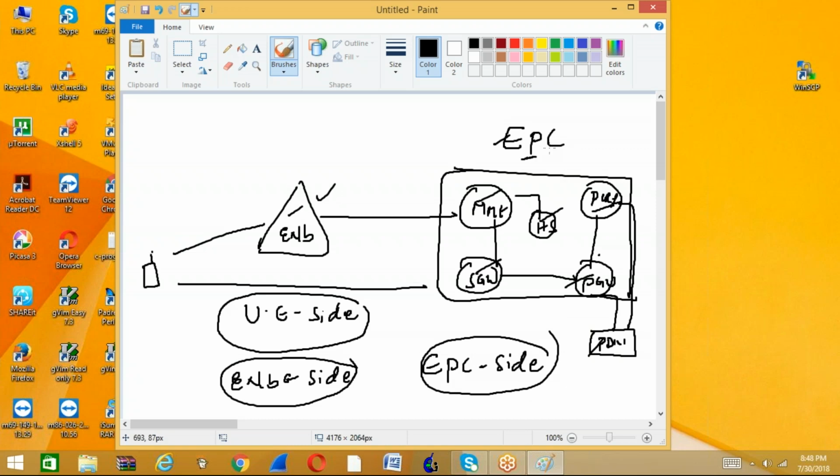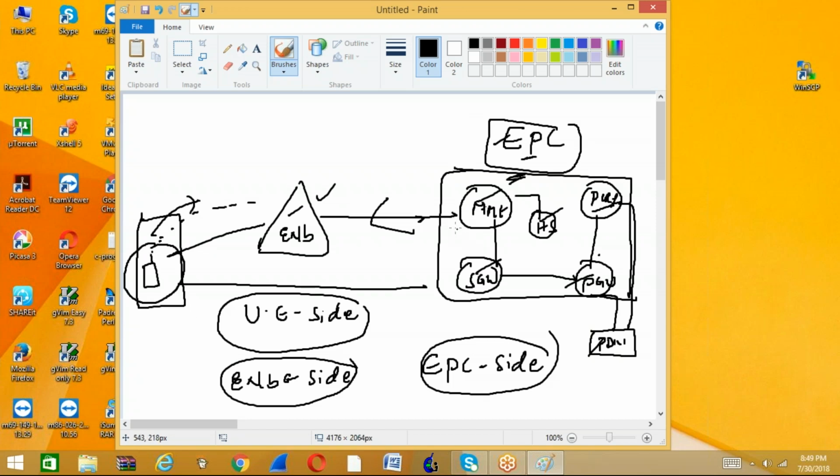Now, for example, you are a mobile engineer, meaning you are working on the UE side. You will only get the signal, receive it, and send it. That's it. You know only this part. When you work on the EPC side, you will know only what has been received by the eNodeB and what you are sending.